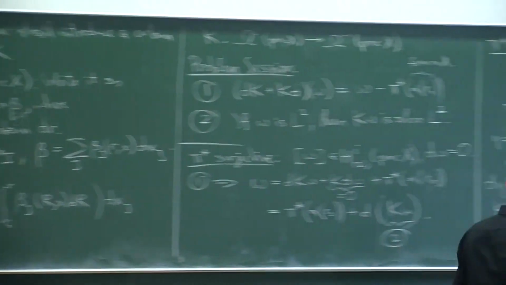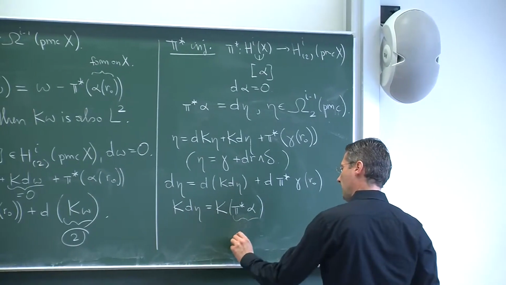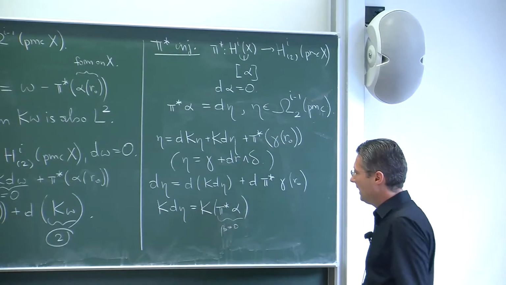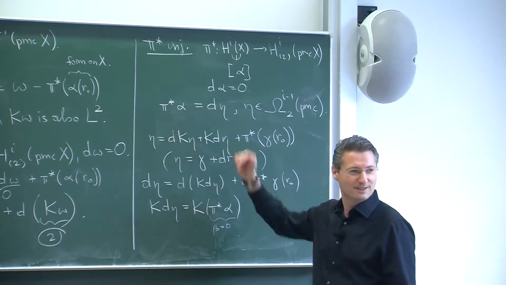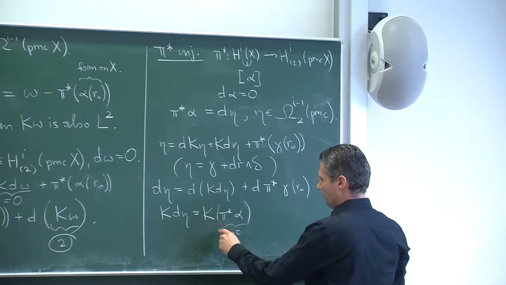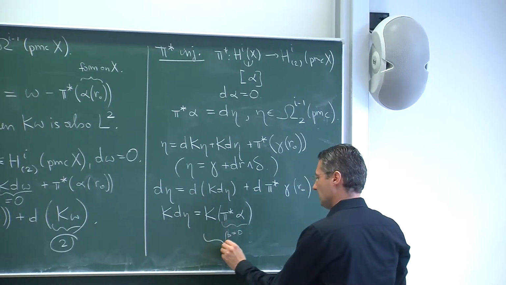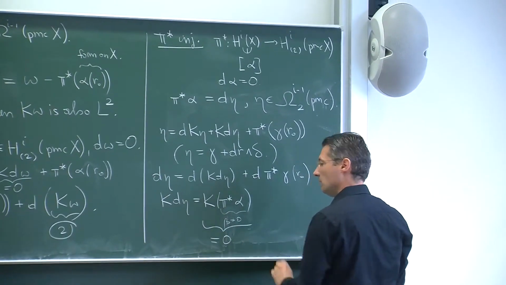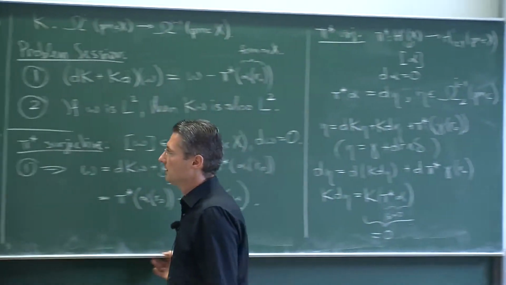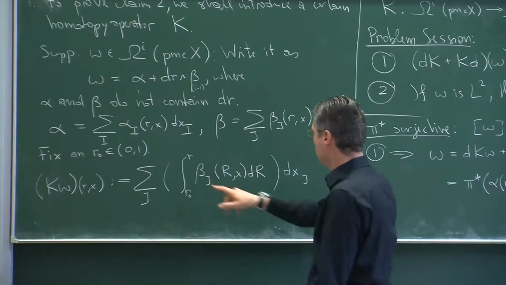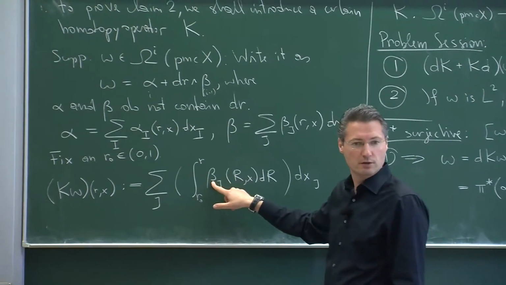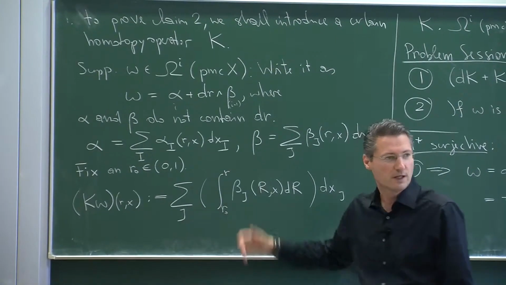So I know here that for this the beta is 0, and that's why I wrote it as alpha. But then by definition this operator is 0 because in this formula, these beta j are all 0. So you integrate 0, so k is 0.